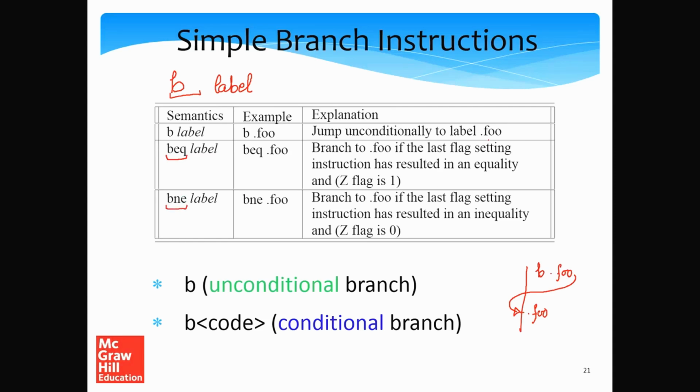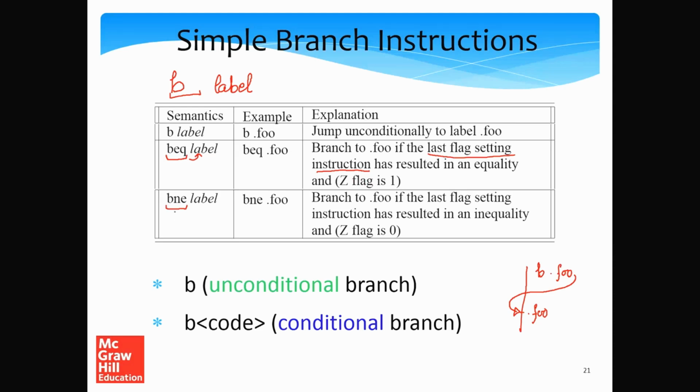What I mean by flags is that the last instruction that set the flags should have concluded that both the values given to it are equal. Only on that condition would this branch actually branch to this label. So we branch to .foo if the last flag setting instruction, mind you this is one phrase, flag setting instruction, has resulted in an equality, and this will show up in the Z flag being equal to 1.